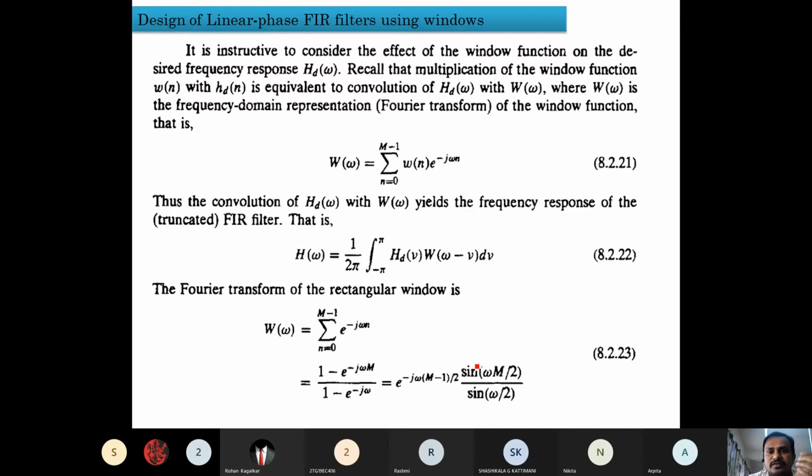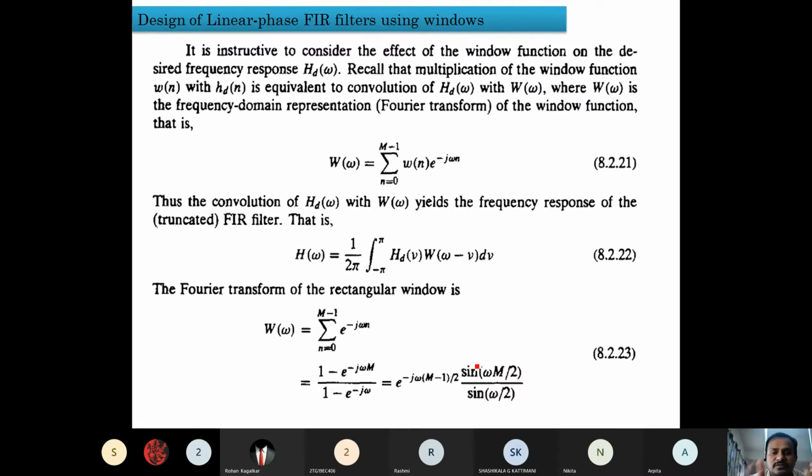The multiplication of w of n with the desired sample response hd of n is equivalent to the convolution of hd of omega with capital W of omega, where capital W of omega is the frequency domain representation, that is, the Fourier transform of the window function.